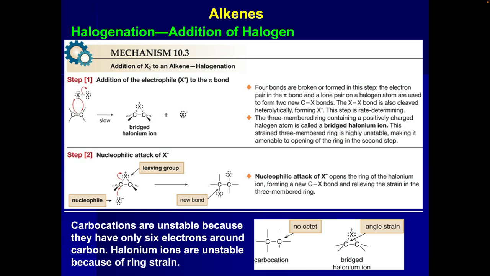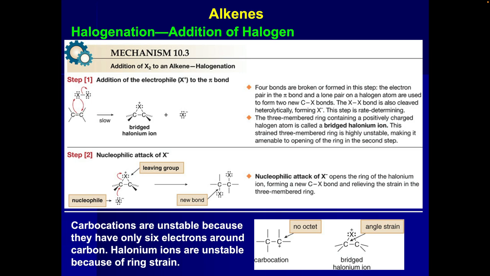No, you're not. Halogens don't like to be positively charged. They can be, but they don't like it, right? For obvious reasons. They want to attract electrons to themselves, okay? Now, the bromide comes in and attacks one of the carbons, and you end up forming the dihalide.